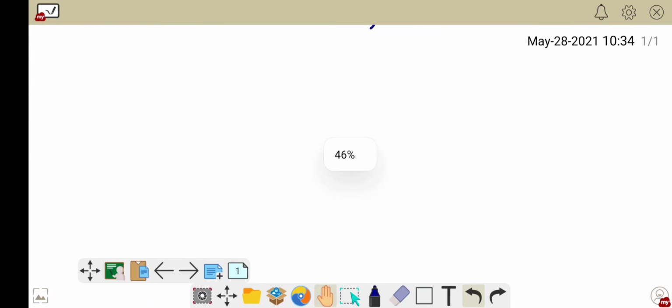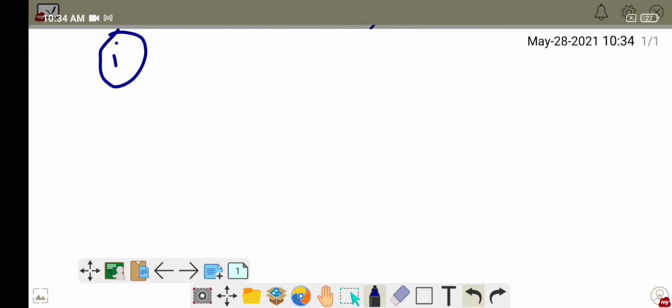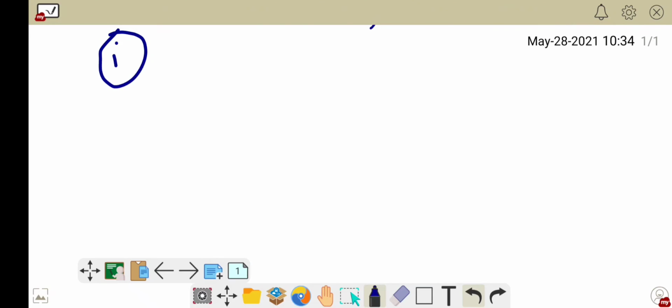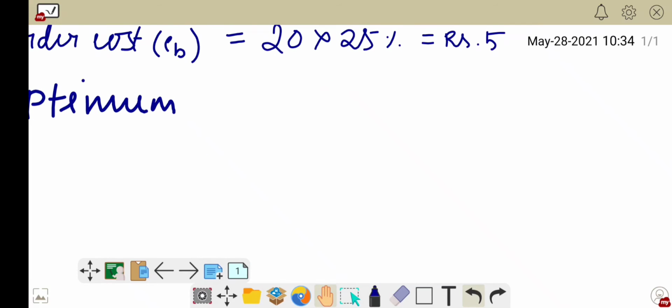Rupees 5. Okay. Now we will calculate one by one. The first one is EOQ. So it is saying in the question the optimum number of quantity.